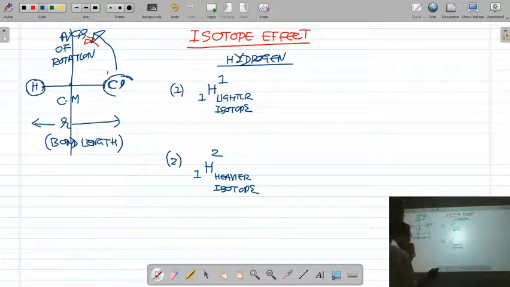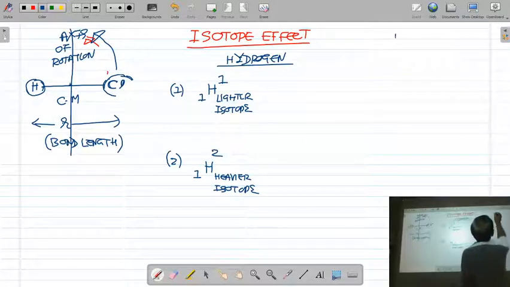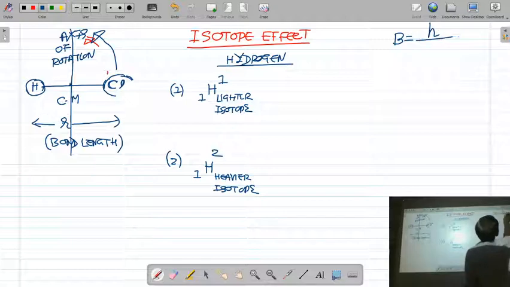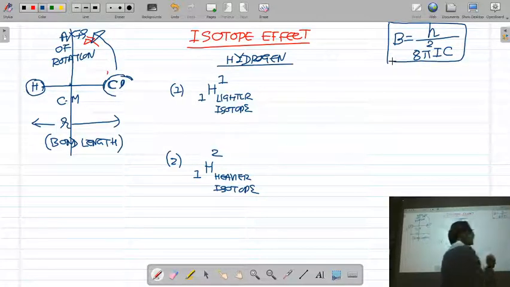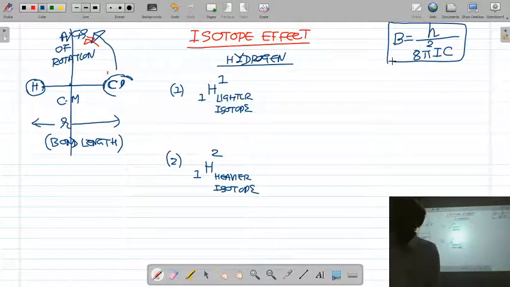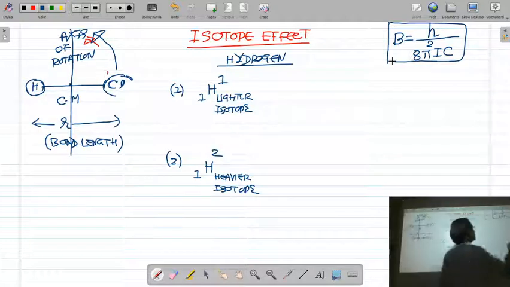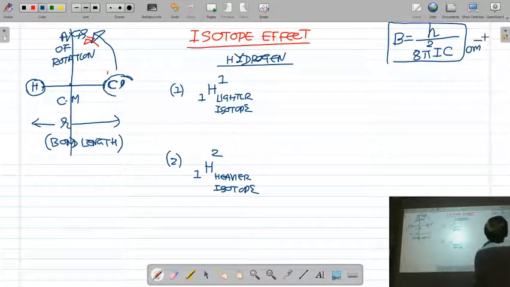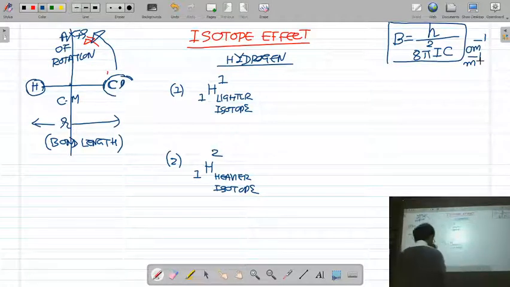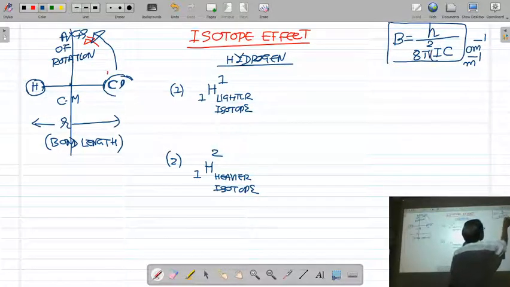Now what is the equation of rotational constant B? You know very well that rotational constant B is nothing but h upon 8 pi square I c. Its unit is inverse centimeter or inverse meter. Now this I is the moment of inertia, which is nothing but mu r square.